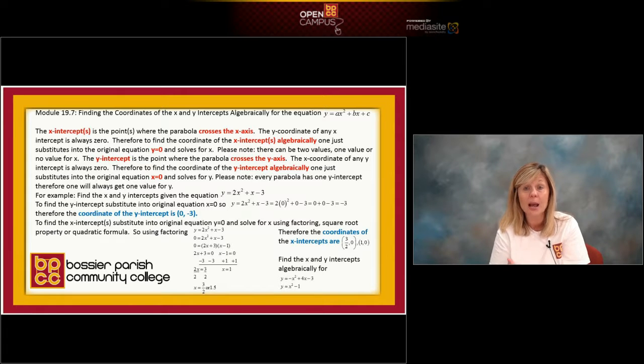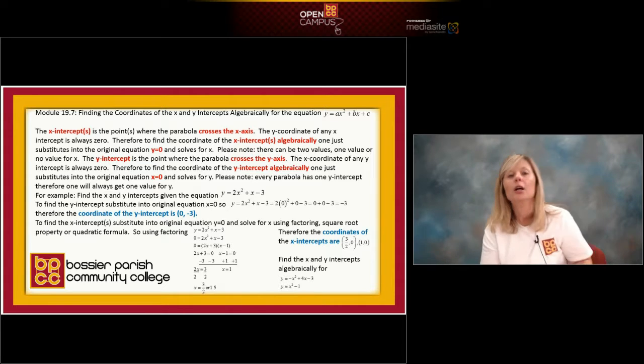A y-intercept is a point. A point must be named as an ordered pair with an x value and a y value. The x value is 0 because that's what you substituted in. The y value is -3. So the location of the y-intercept is (0, -3). Everybody's good? And that's always the first intercept we find because every parabola has a y-intercept.